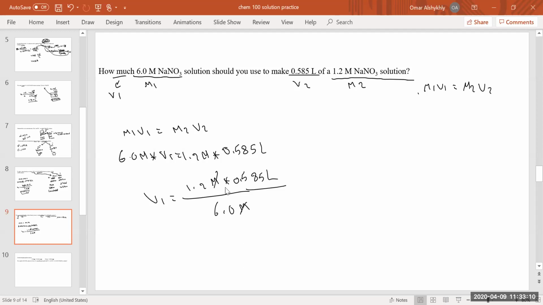So 1.2 times 0.585 divided by 6.0, we will get 0.117 liter. Okay.